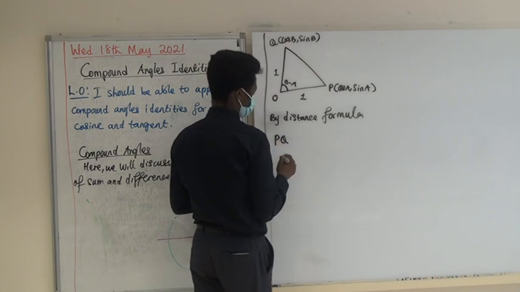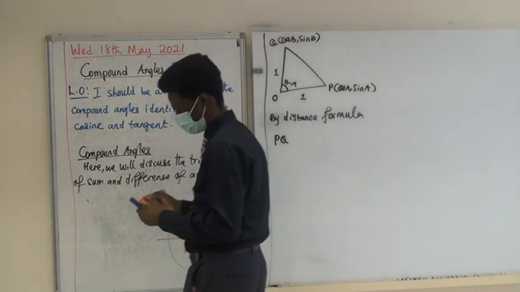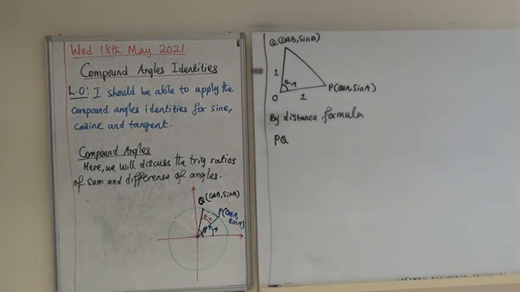If you have x1, y1, x2, y2, from IGCSE, if this is A and this is B, distance AB is the square root of x2 minus x1 squared plus y2 minus y1 squared. Or better still, we could just say AB squared is equal to that. It's alright to forget.